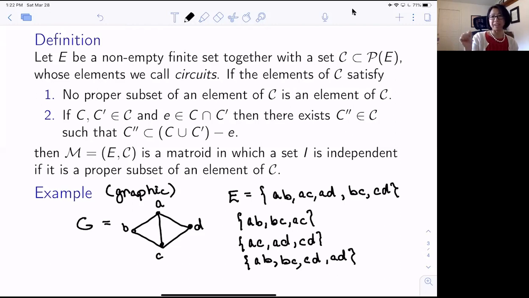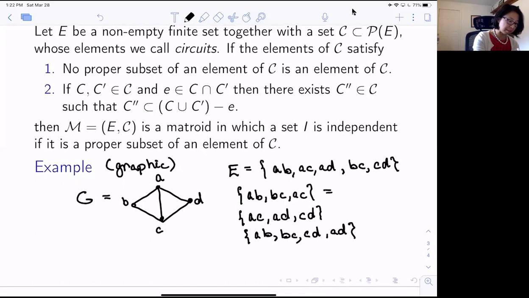If I remove an edge, I don't have a dependent set anymore. Moreover, they're going to satisfy this circuit exchange axiom. Let's call these C1, C2, and C3.